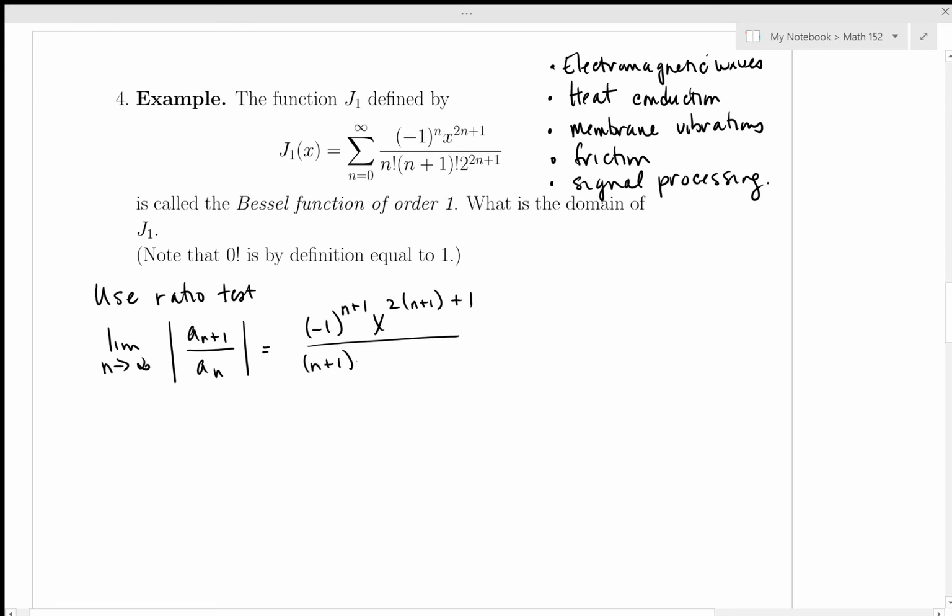(n+1) factorial. Then (n+1), and when I'm putting in here n+1, then I get here (n+2) factorial, and then I have 2 to the 2(n+1) plus 1, and then I am dividing by a_n, which is multiplying by the reciprocal of a_n, so I get here n factorial, (n+1) factorial, 2 to the 2n plus 1 divided by (-1) to the n, x to the 2n plus 1.